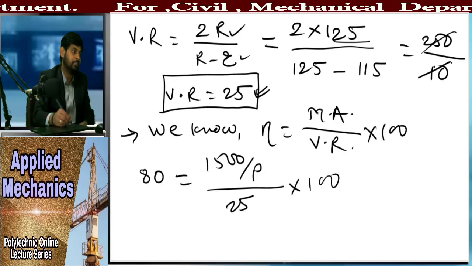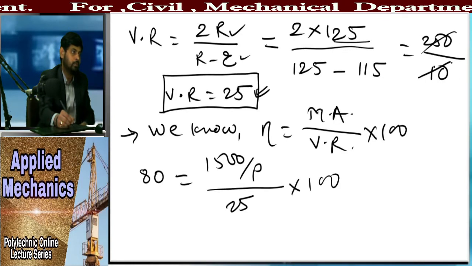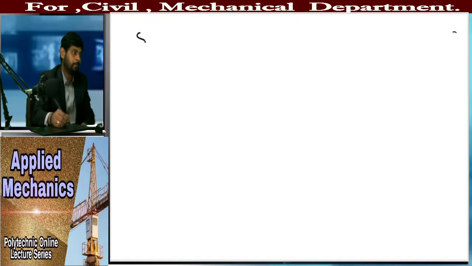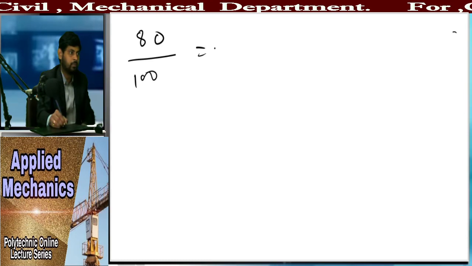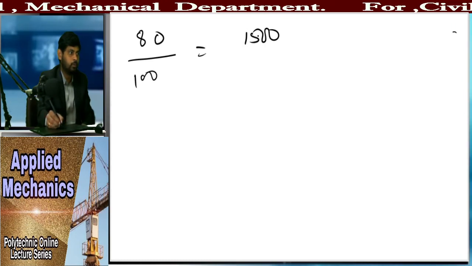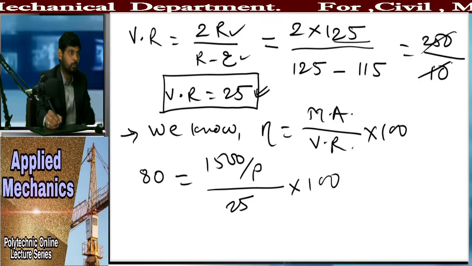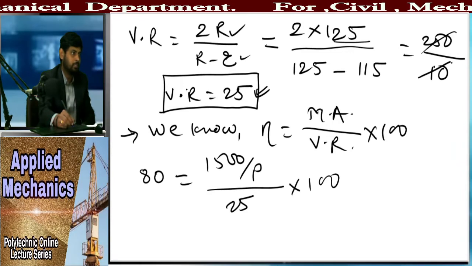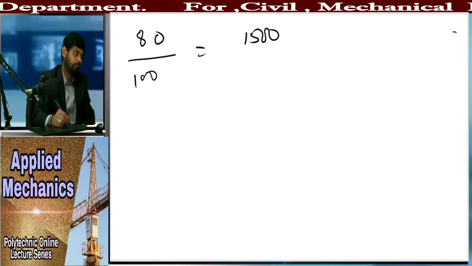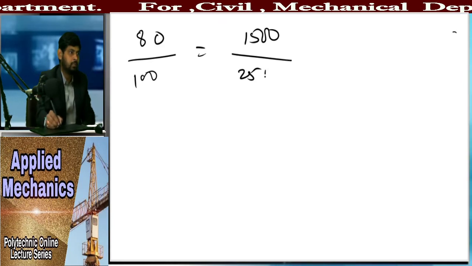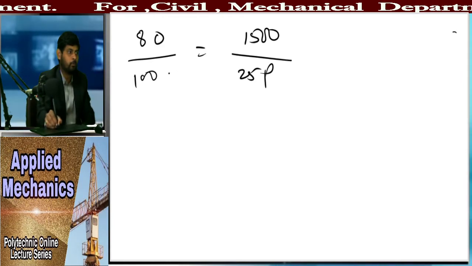Now it is in the numerator. So you can see here, 80 divided by 100 is equal to 1500. This P is in the denominator, so it will shift here. So you can write it like divided by 25P.